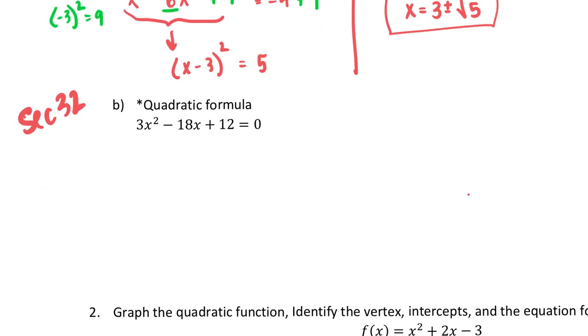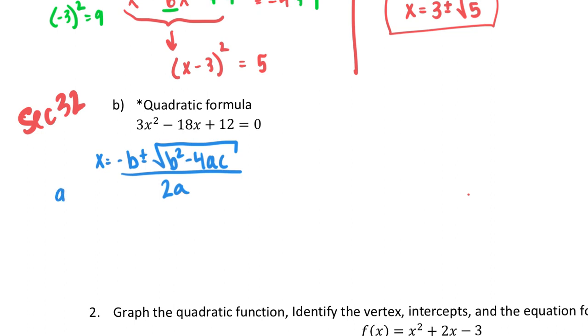All right, so the quadratic formula, let's just do a quick reminder of what that looks like. We have x equals negative b plus or minus the square root of b squared minus 4ac all over 2 times a. Okay, and we know our a is 3, the b is negative 18, and the c is positive 12.